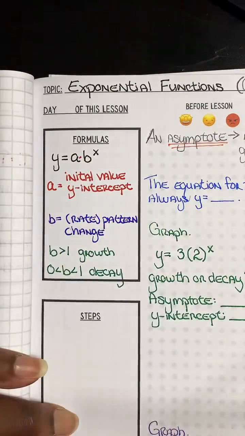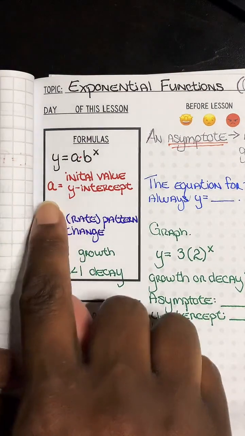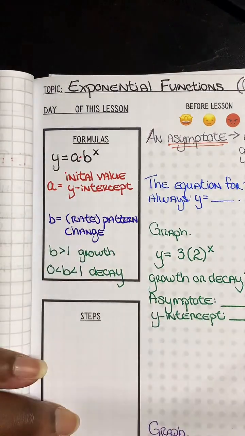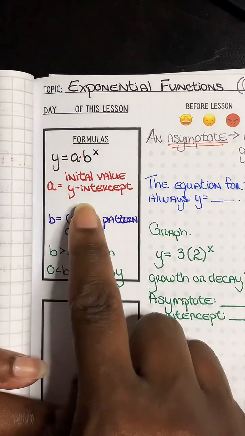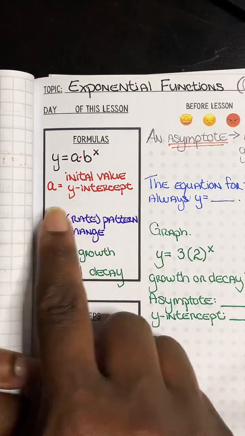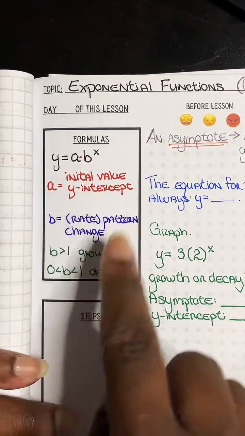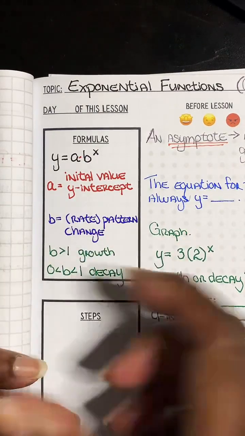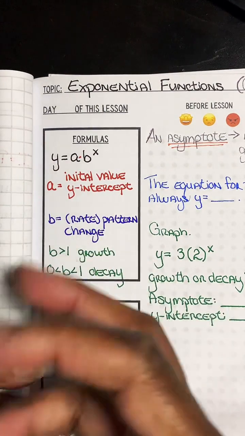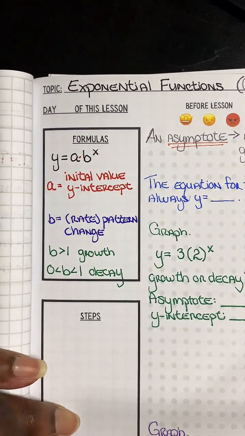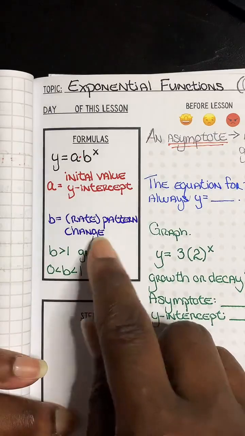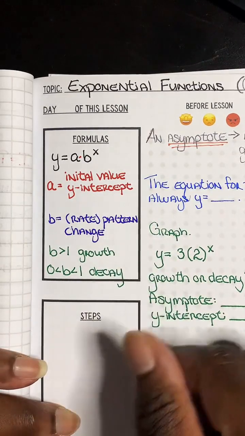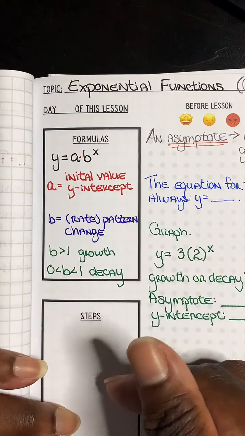Your a is basically your initial value. If I was talking linear, this is your starting point. With this being your starting point, your b is going to be the rate. What is happening? Is it increasing? Is it decreasing at a certain percentage? Basically looking at what is the pattern that's happening from one point to another.